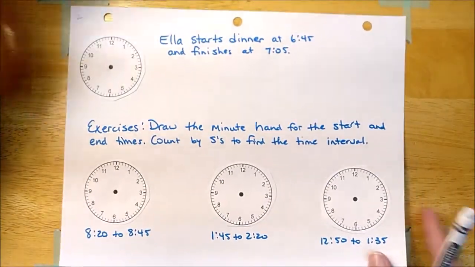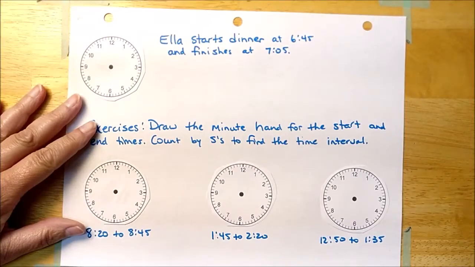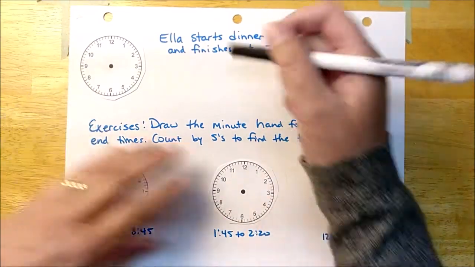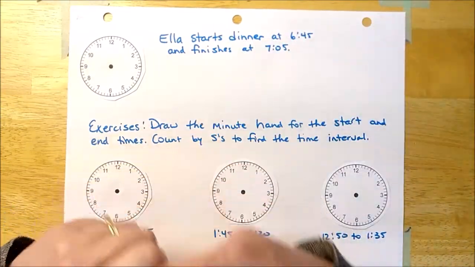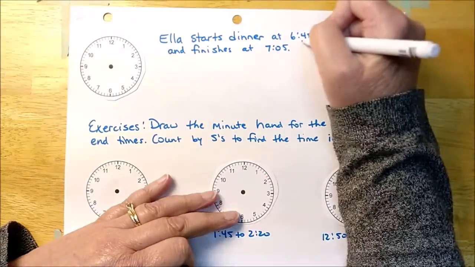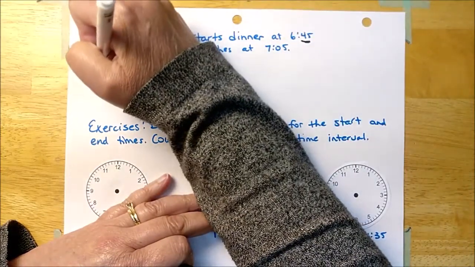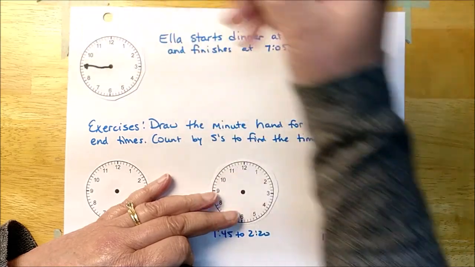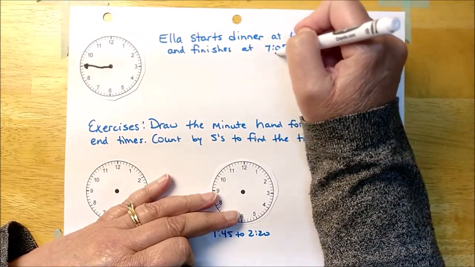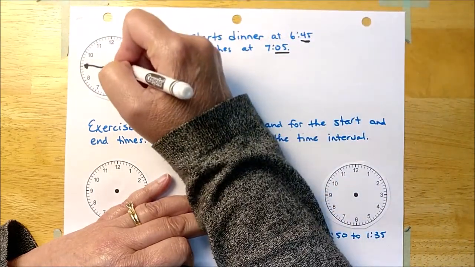Now we're going to try one more, and then you're going to do it on your own. See if you can figure out these 3. Ella starts dinner at 6:45. So 6:45, that's 45 minutes, so we're going to point that big hand at the 45 minutes. And she finishes at 7:05. So 05 is right there.